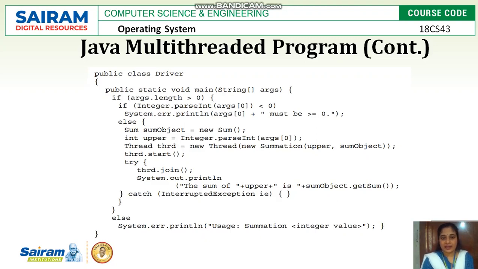If the arguments are fewer than required, System.out.println is the common function to print a message if you don't have command line arguments properly. Else, go to the sum object, an object for the Sum class, and int upper, Integer.parseInt for the arguments.